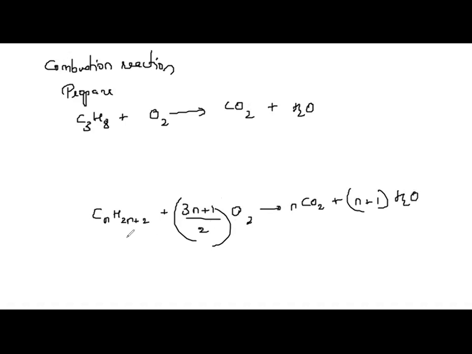This is the general reaction. For example, if n is 1, that is, the number of carbon atoms is 1, CH4 plus (3 ones are 3, plus 1, 4) 4 by 2 is 2 O2 gives CO2 plus 2 H2O.